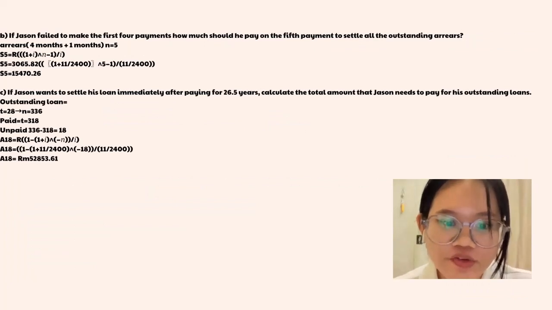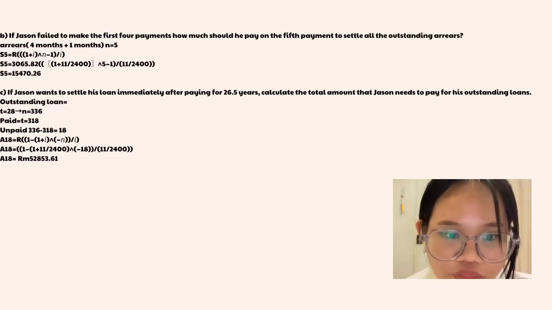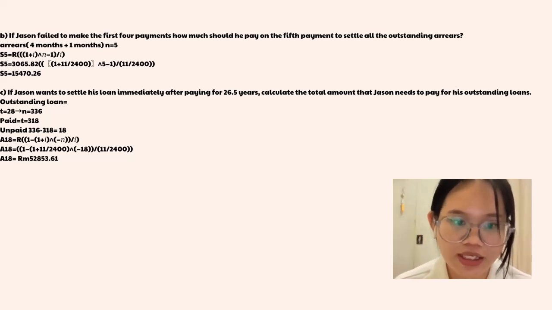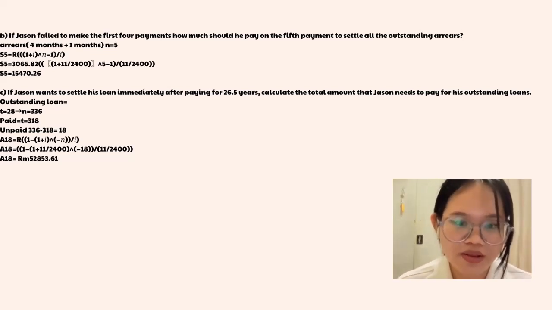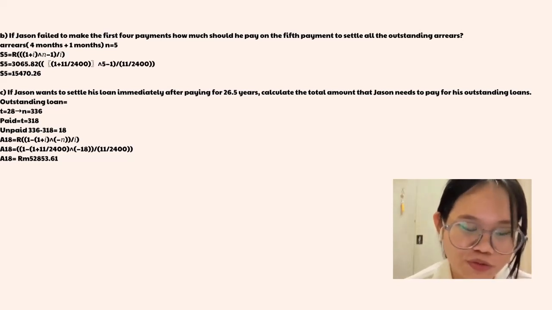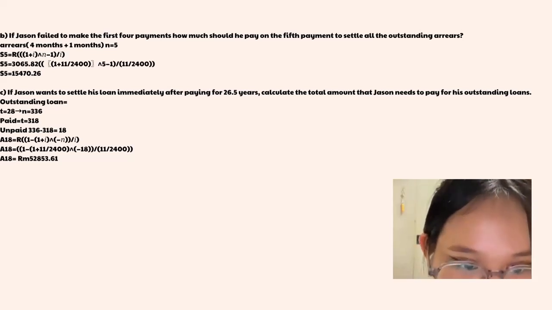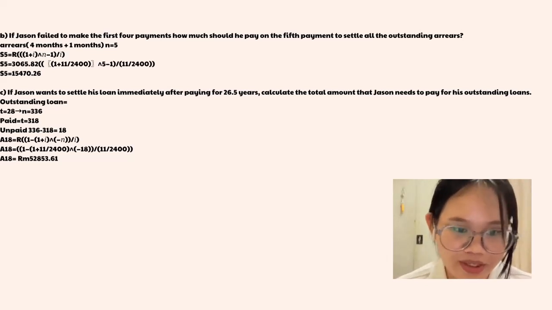B. If Jacyln failed to make the first 4 payments, how much should he pay on the 5th payment to settle all the outstanding arrears? Open bracket, 4 months plus 1 month equal 5, n equal 5. S5 equal to R, open bracket, 1 plus I, close bracket, power n minus 1 over I and close bracket.